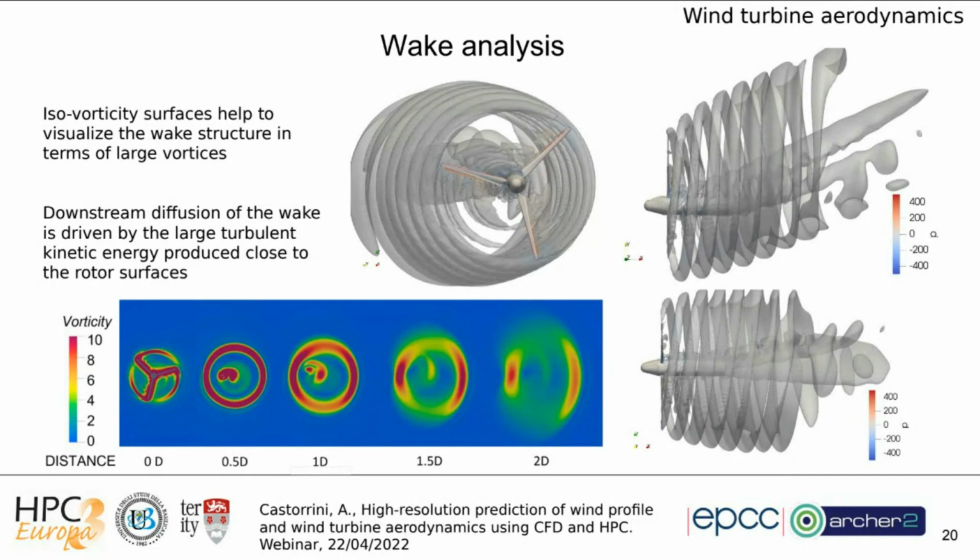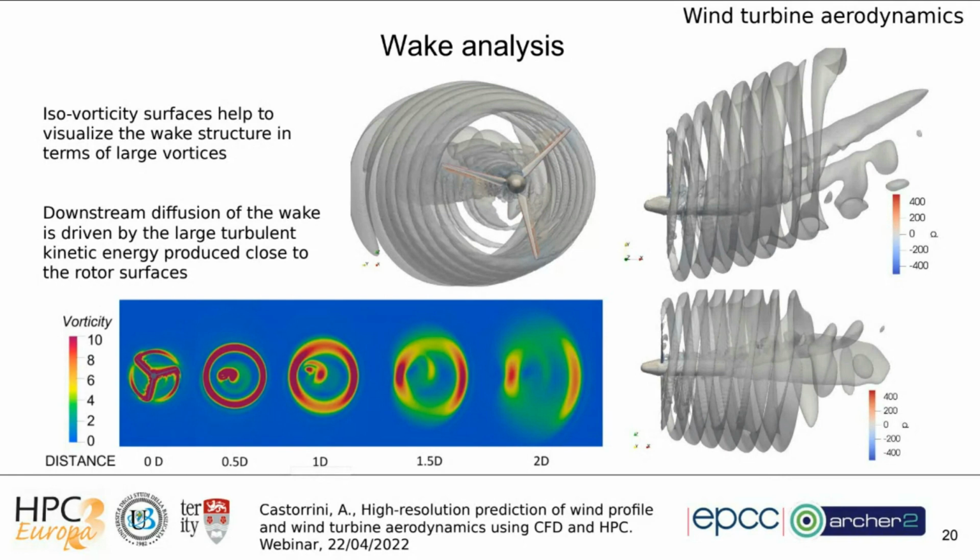And we can see also, cutting the flow field at 0.5 diameter, 1 diameter, 1.5 and 2 diameters downstream of the rotor, how the wake evolves in the simulation.